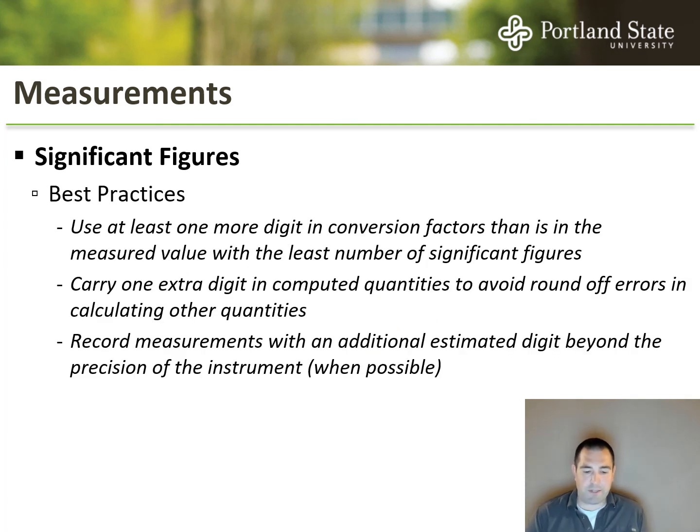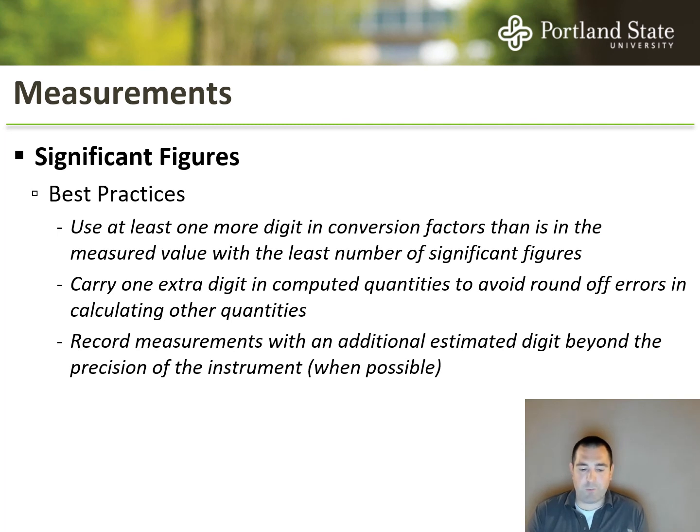That's the first thing that I said here in the best practices. Use at least one more digit in your conversion factor than is in the measured value with the least number of significant figures. That just makes sure that our conversion factor is not controlling the outcome of that multiplication.